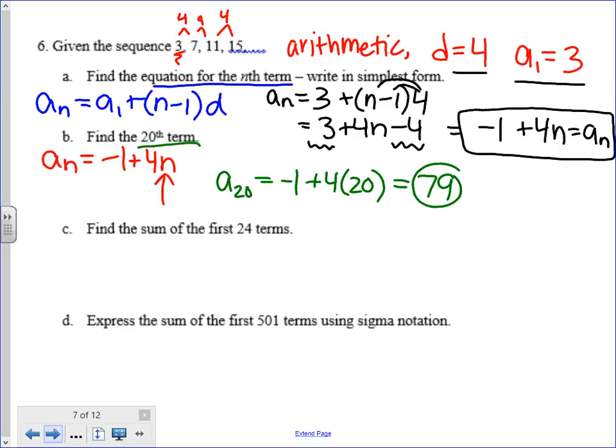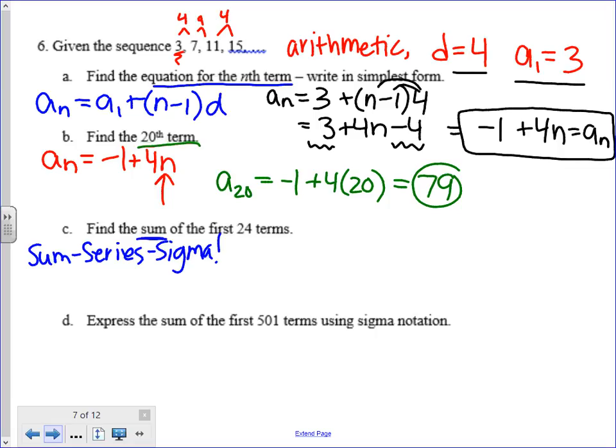Right? Now, part C tells me to find the sum. When I see sum, I go back to what we talked about at the beginning of the video. Sum goes with sum, series, sigma. So I want to find the sum of the first 24 terms.